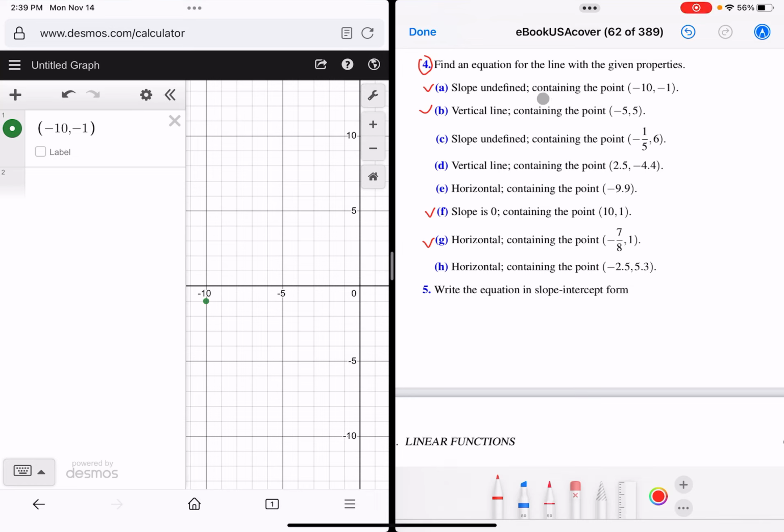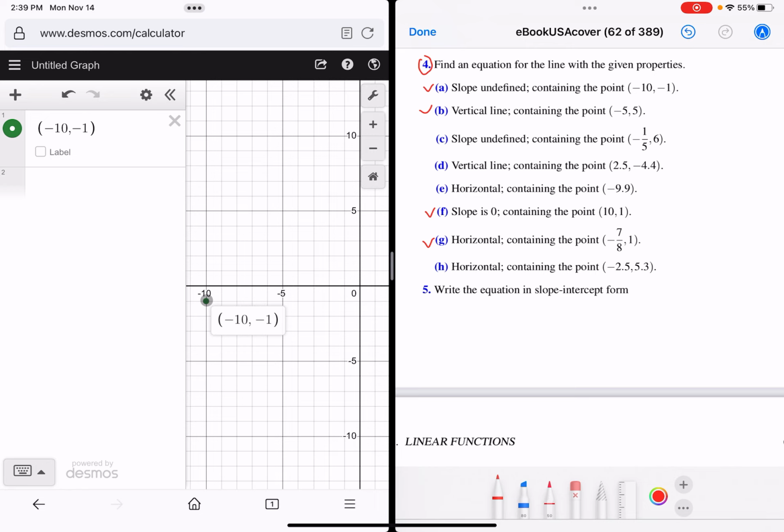Okay, let's work on the first question, A. The given slope is not defined and the line contains the point (-10, -1). We need to find the equation. I have put the point (-10, -1) on the graph right here.